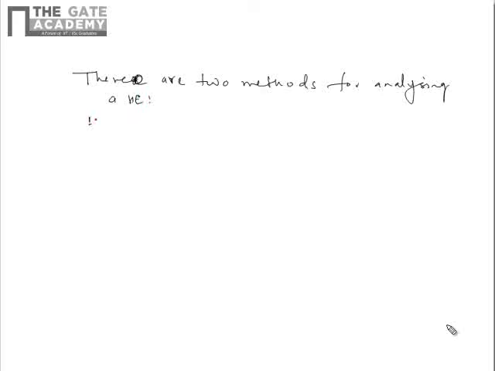There are two methods for analyzing a heat exchanger. First one is LMTD method. LMTD stands for logarithmic mean temperature difference.